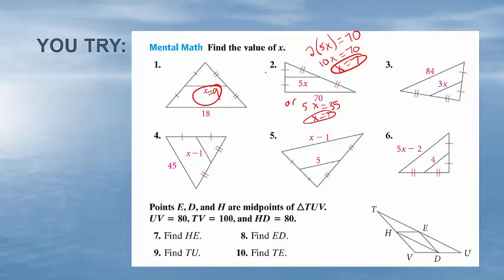Keep in mind for problems like number 2, you can either multiply the smaller segment times 2 and make it equal the bigger, or you can just set the smaller equal to half of the bigger. It's the same thing. So you have to pick which one works for you.